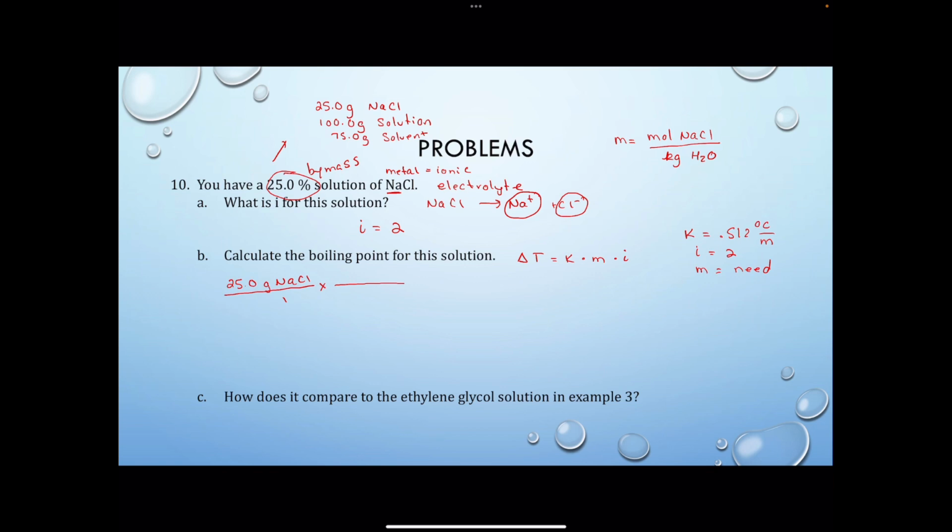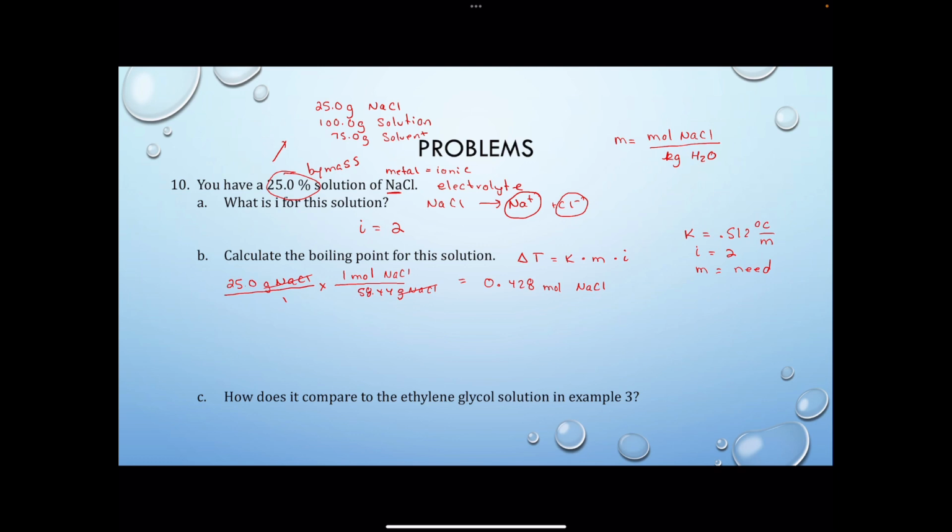So using what we have in that mass percent, I'm going to take my 25 grams of sodium chloride, and I'm going to convert it to moles using the molar mass, which is 58.44 grams per mole, which is going to give me 0.428 moles of sodium chloride.